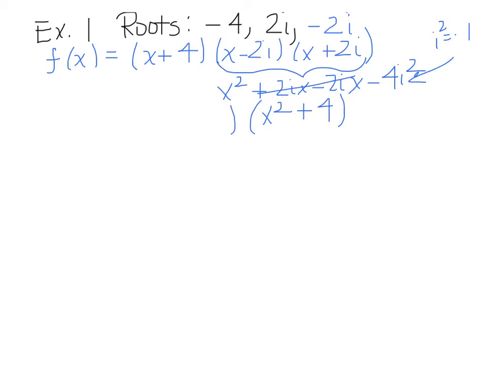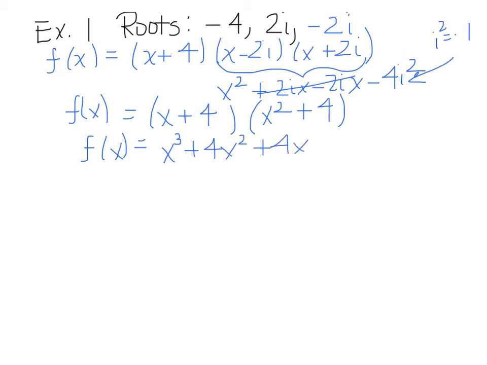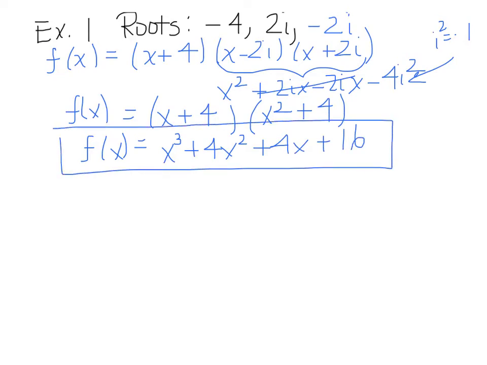Then you want to FOIL it by your next term. So you'll get x cubed plus 4x squared plus 4x plus 16. There's nothing to combine, so this is your polynomial function.